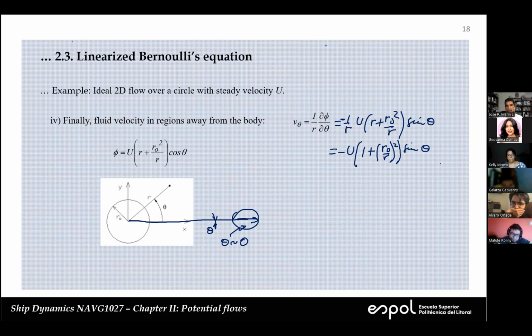So how much is going to be the sine of theta if theta is very small? Very small, because the sine of 0 is 0. That means that in this area, theta is very small.